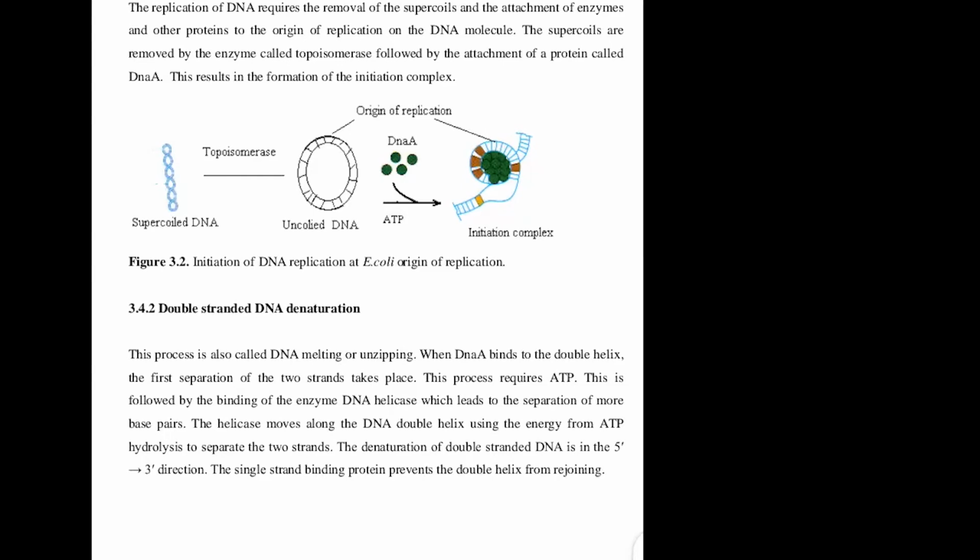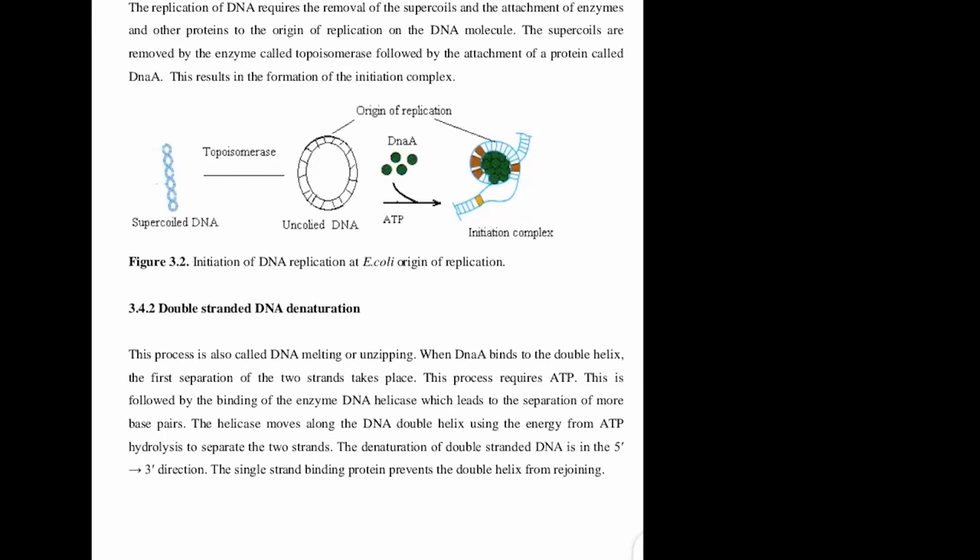After removing the supercoils, then DnaA will be incorporated into this uncoiled DNA to prevent DNA from coiling back, from forming the supercoils again, okay? Then we have what we call the initiation complex.